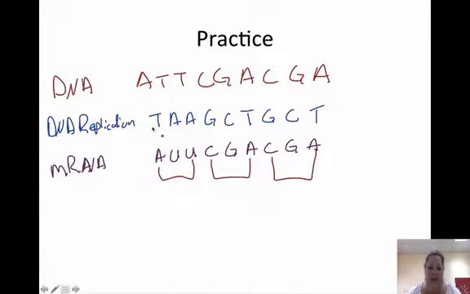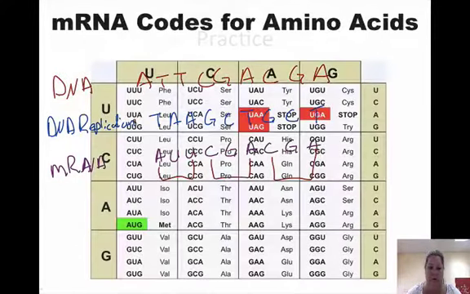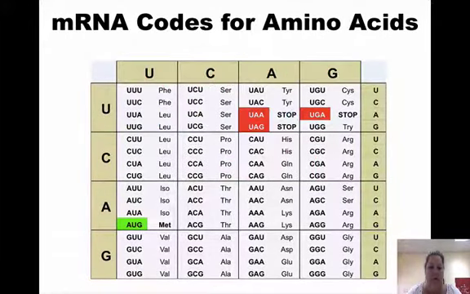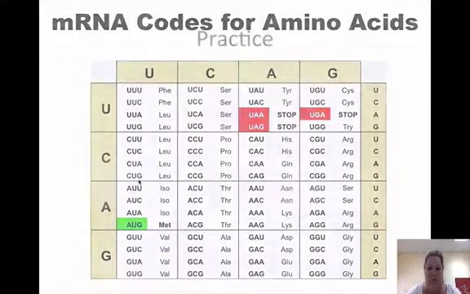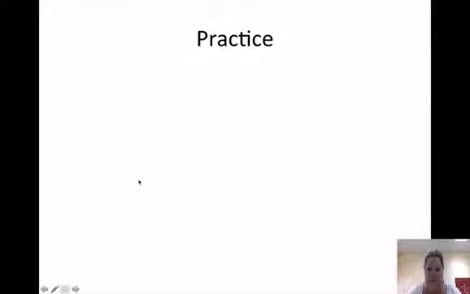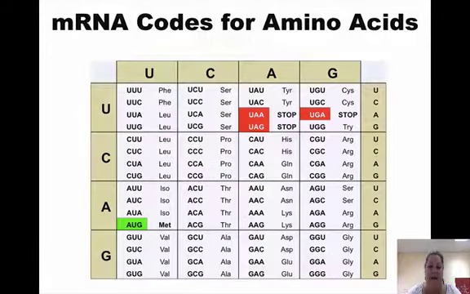So AUU would be isoleucine. Oh, nuts. Okay, you got the picture, hopefully.